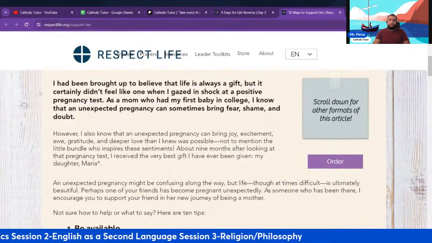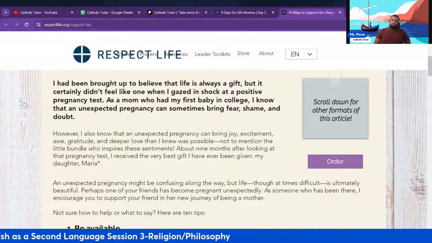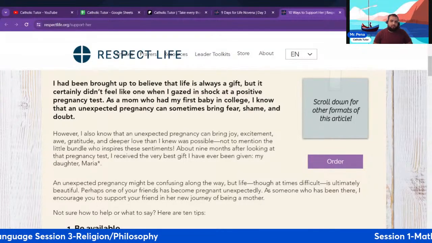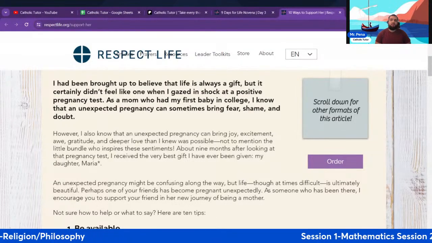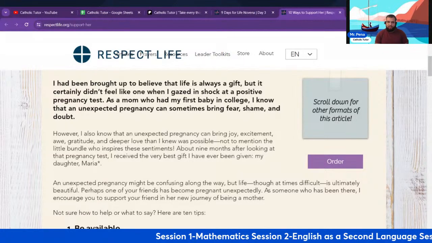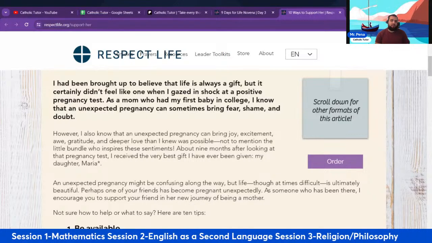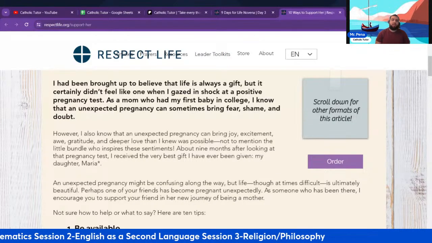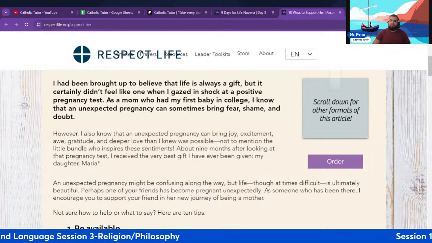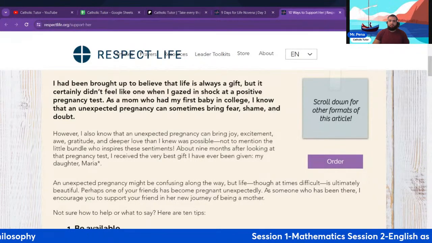It says, I had been brought up to believe that life is always a gift, but it certainly didn't feel like one when I gazed in shock at a positive pregnancy test. As a mom who had my first baby in college, I know that an unexpected pregnancy can sometimes bring fear, shame, and doubt.